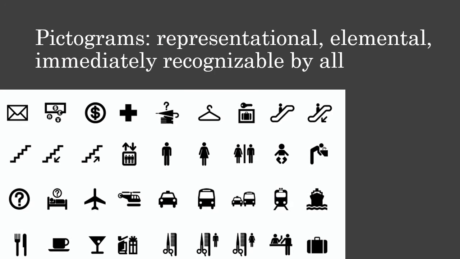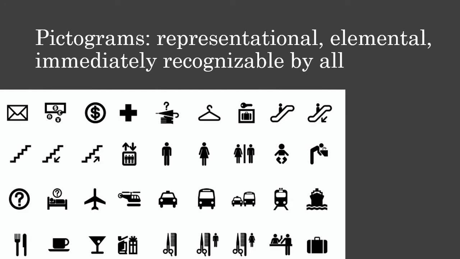So these graphic, representational, elemental, and immediately recognizable pictograms could often depict universal objects, places, human gestures, and actions.